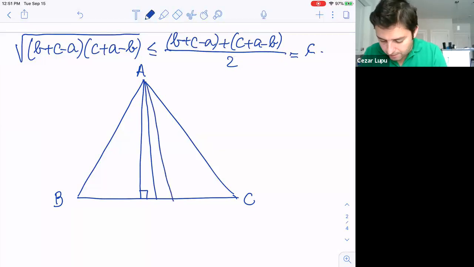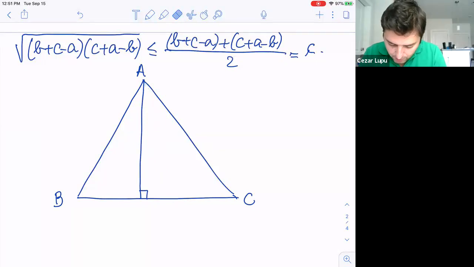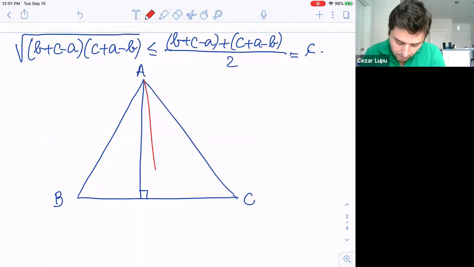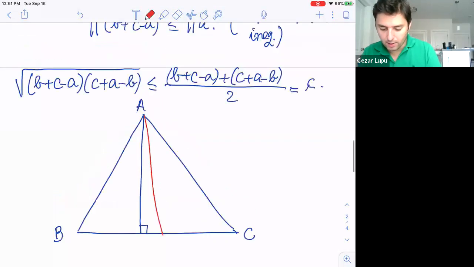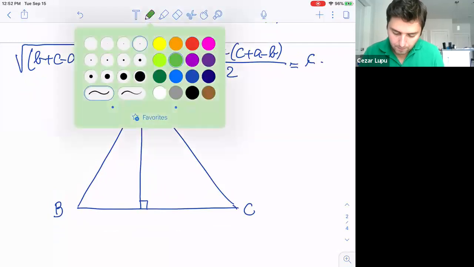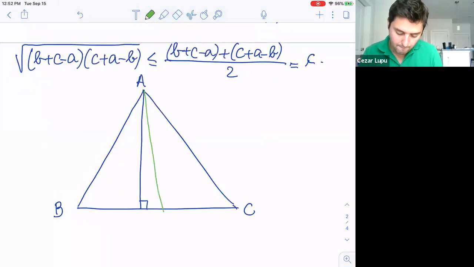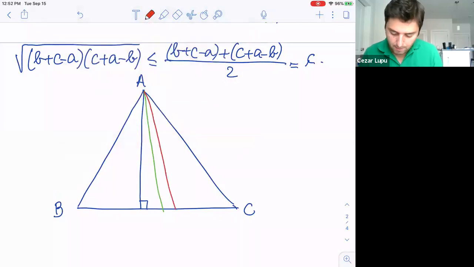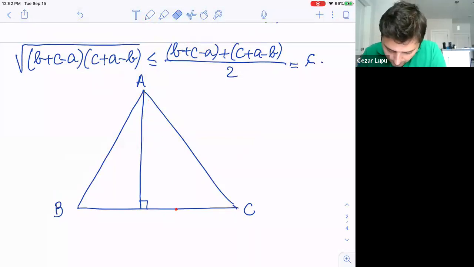Maybe I should do this with a different color. This is the bisector, and this guy is the median. The median will divide this into two parts, but it doesn't quite look this way.